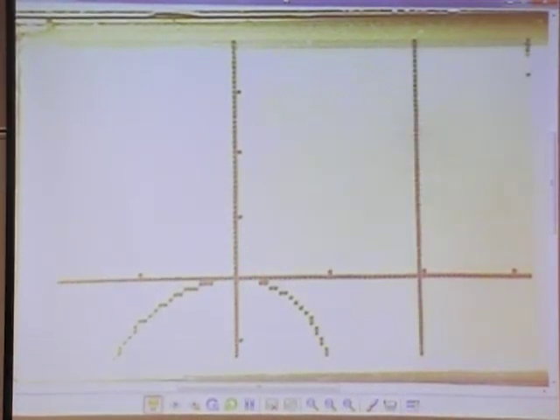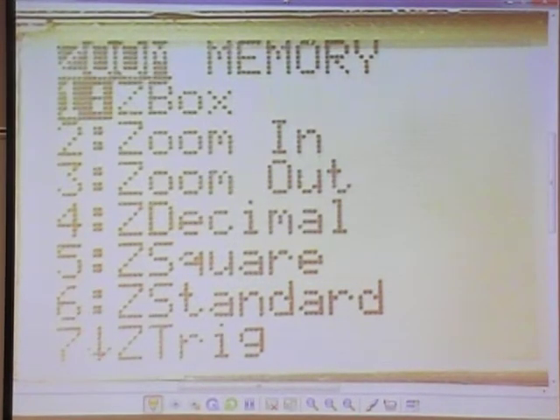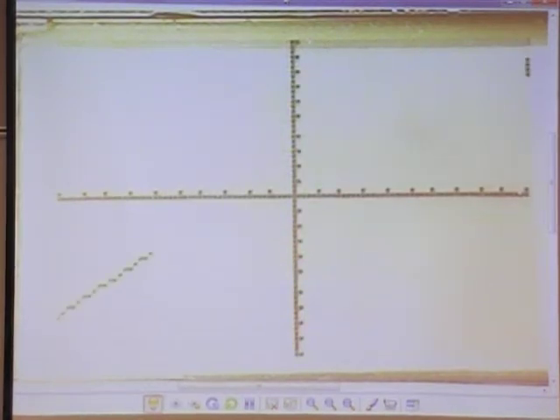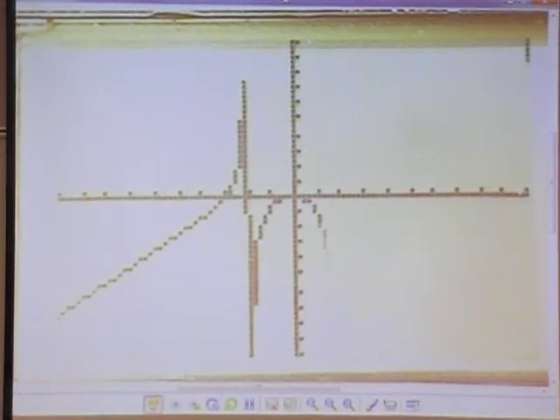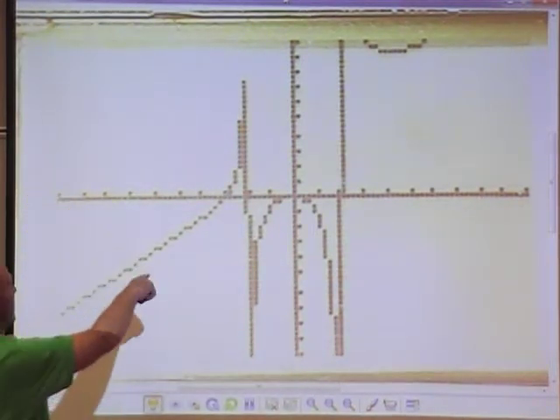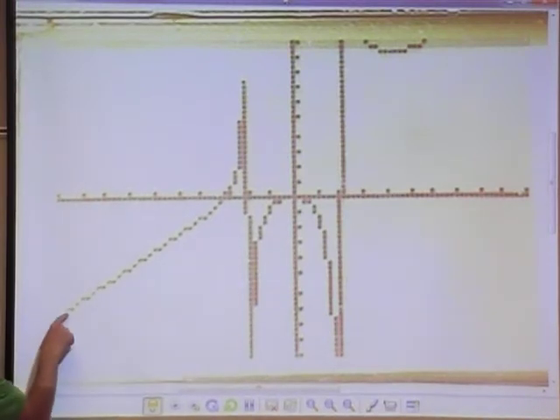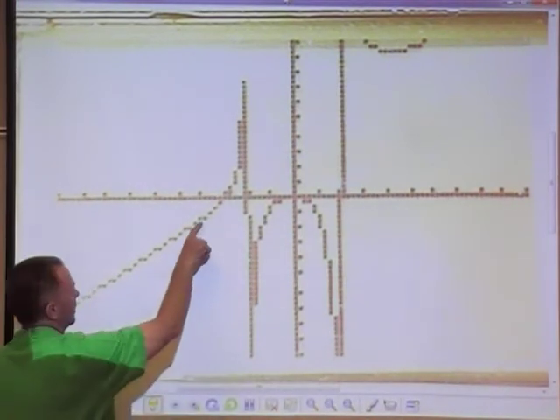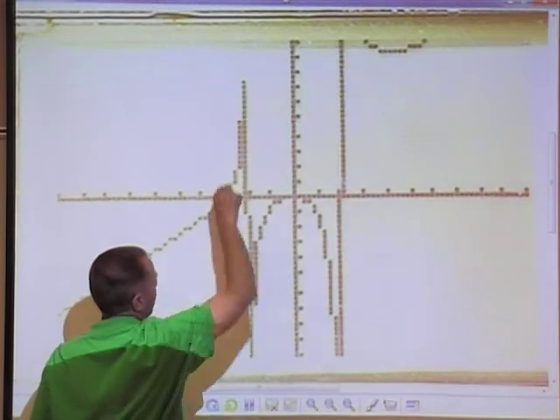Oh, we got that part right. You can't see the rest, so let me zoom out. You can at least see that middle part. Zoom 6. And then at the very top there, you can see what we had was correct. But this is following this asymptote this way, right along with it, and then it crosses the asymptote and goes up that line that we had.